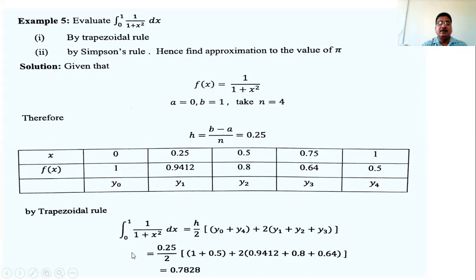And then write the trapezoidal rule. So the integration from 0 to 1 of 1/(1 + x^2) dx, that is the given integration, is equal to h/2 in bracket first value plus last value plus 2 times the addition of the remaining, and then substitute the values, we get the answer 0.7828.